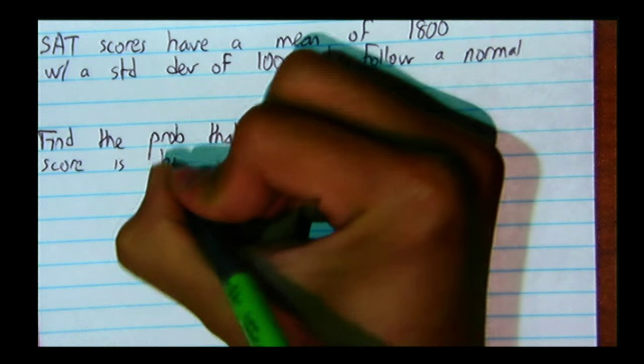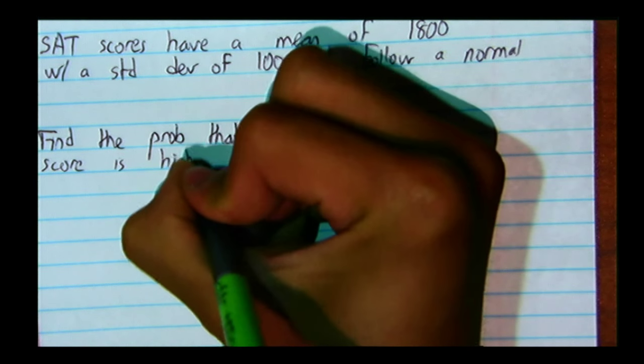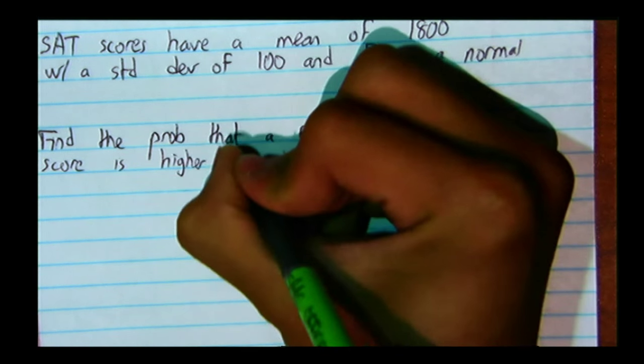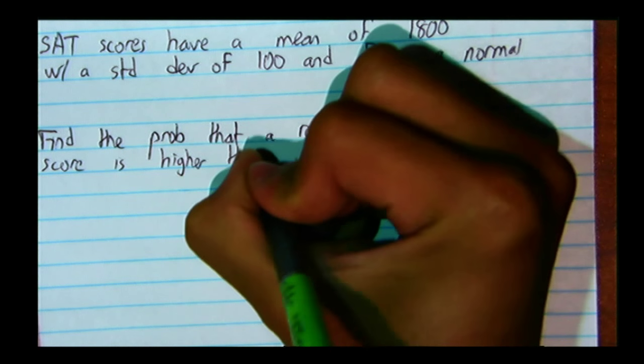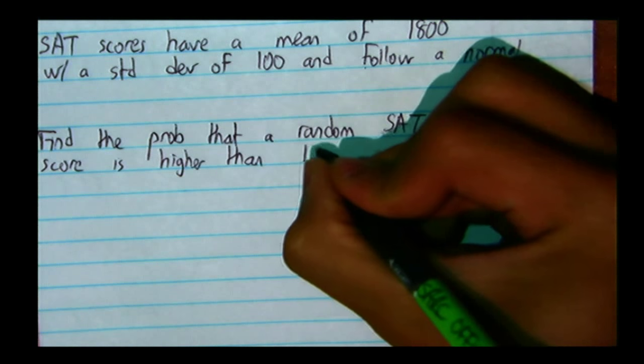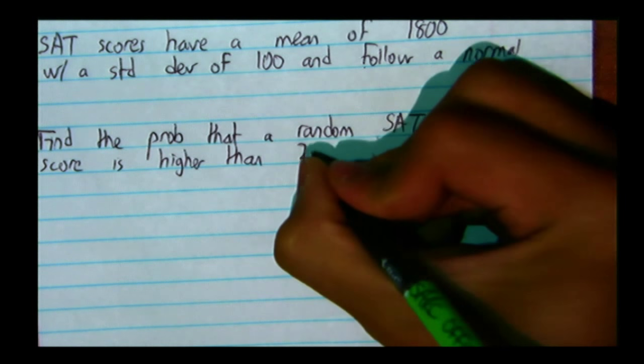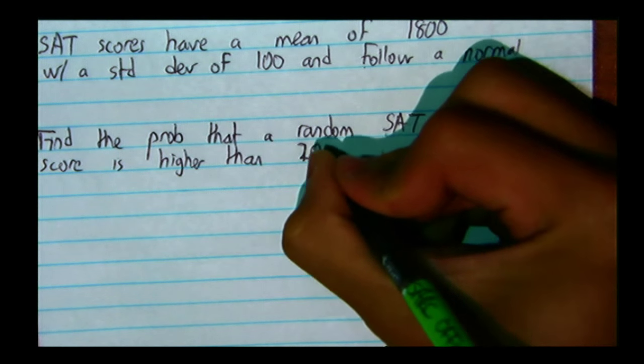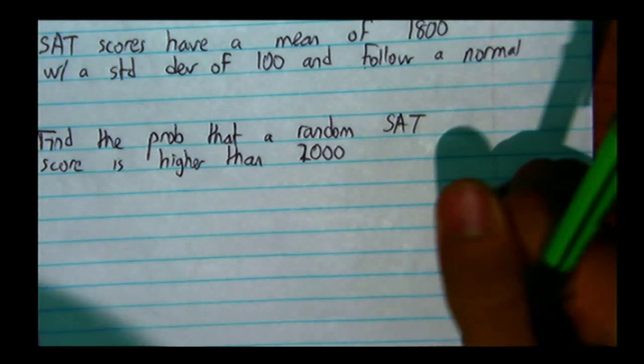is higher than 2,000. All right. So again, draw, label, find. What am I going to draw? It's a normal distribution. So start with that. So draw a normal distribution. And that flow chart, remember, x.